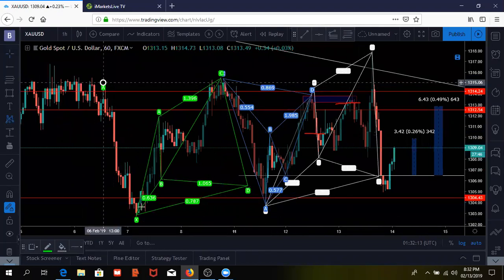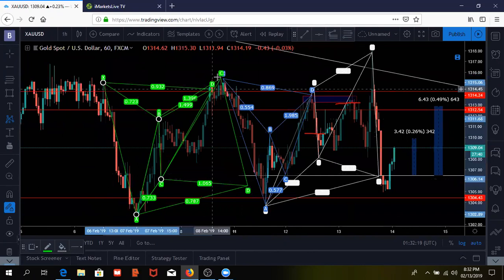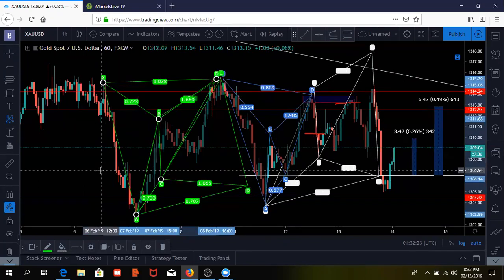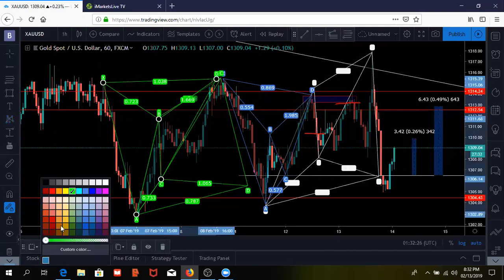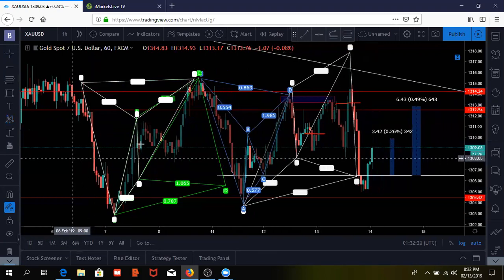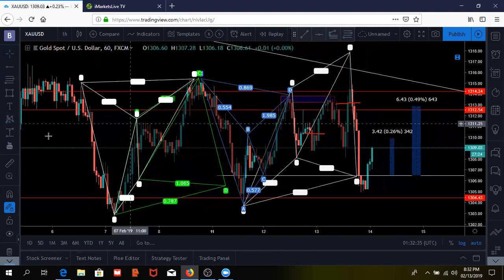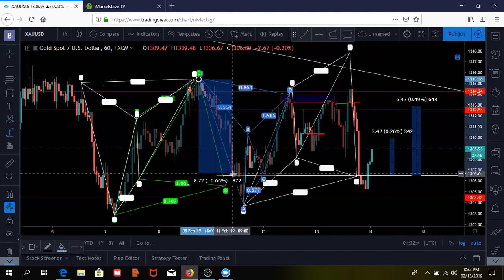X to A to B, B to C, C to D. Let me change this color real quick for you. Let's turn it white. So you see how we were able to be in sync with this right here? Just off gold alone, this is the first move. Caught about 87 pips off of that.